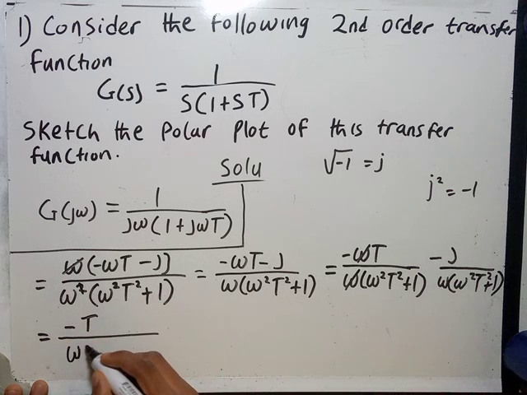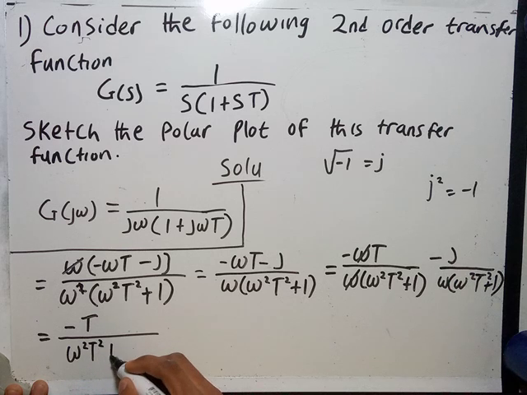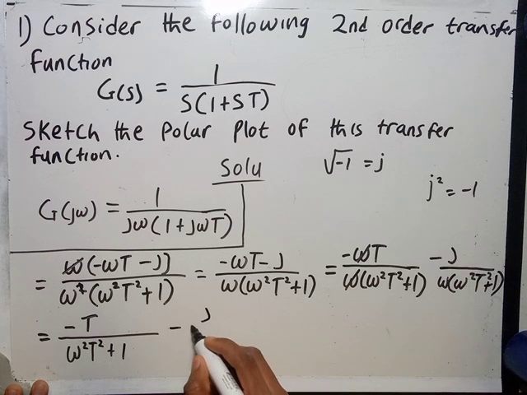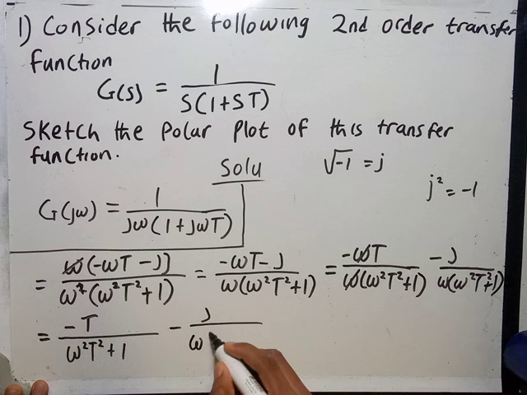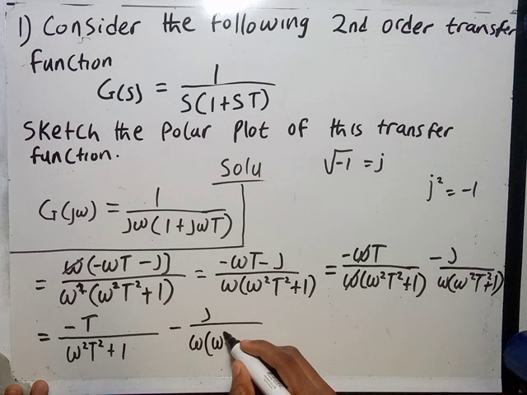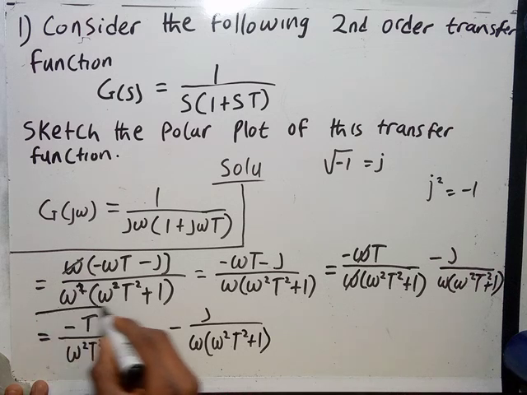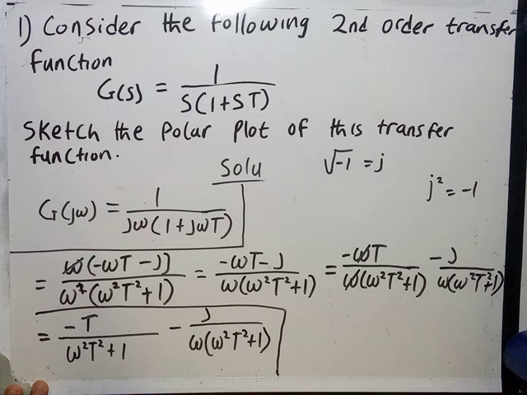So we're going to be having W square T square plus 1, minus J over W bracket W square plus 1. So this is what we have been trying to get, and we have succeeded in getting it now.